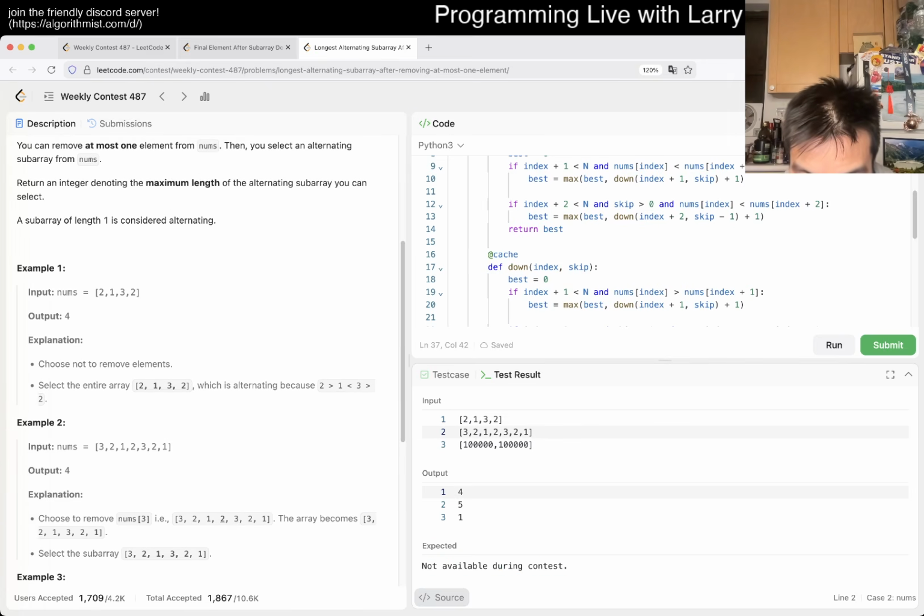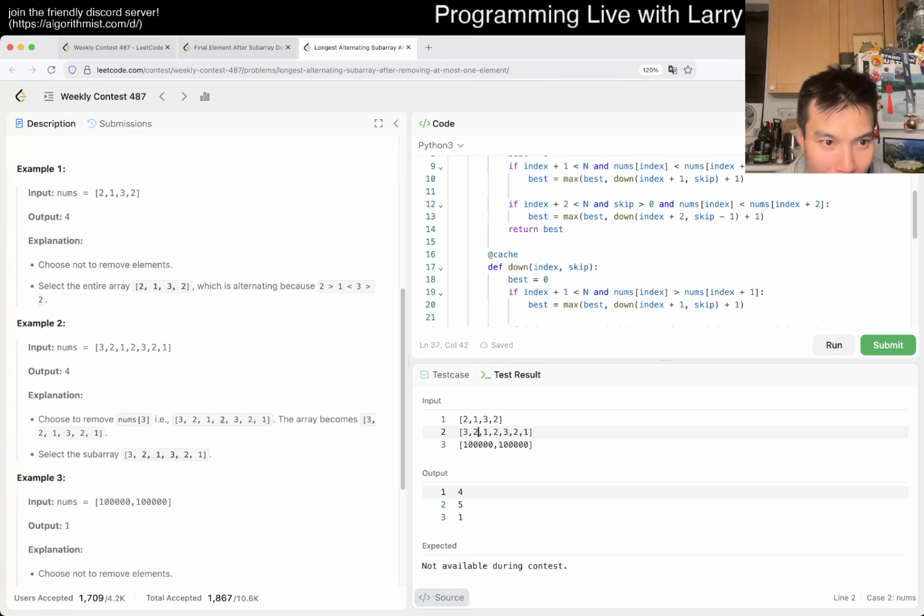Alright, let's say we remove. What would you remove to get 5? Oh no, I put 5. The real answer is 4. Move this one and it, no. What would you remove? One of the 2's?